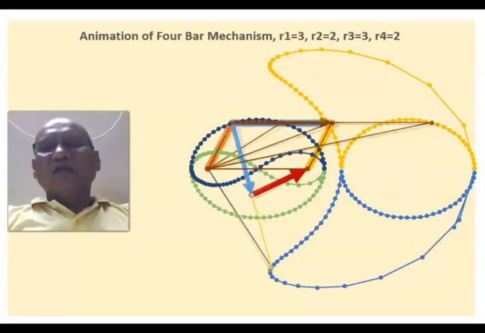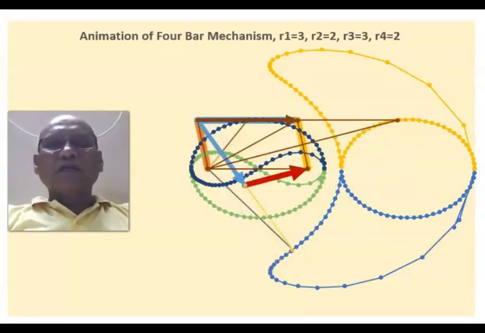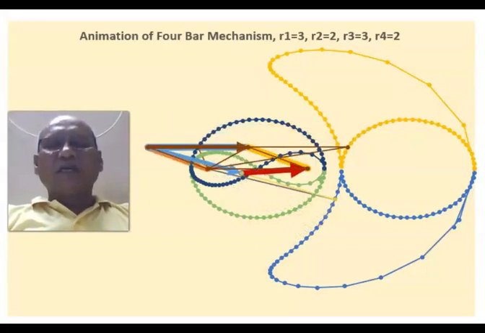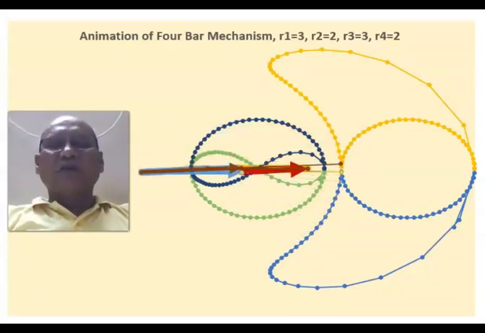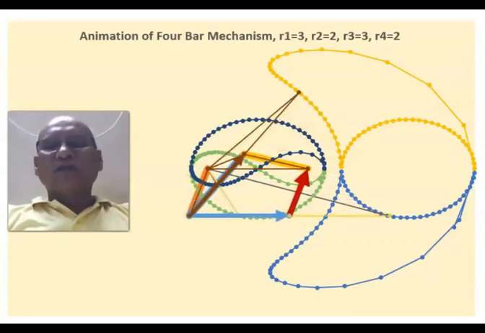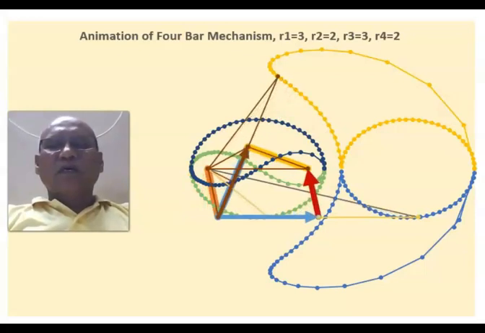You can see how symmetric these curves are, and if there is a mistake in calculation, immediately the symmetry will break, and you will find that there is some problem.